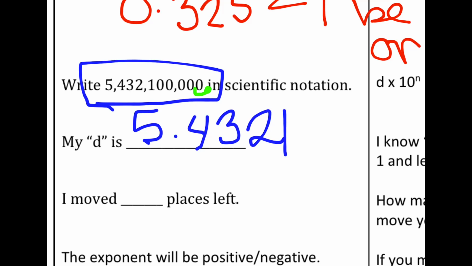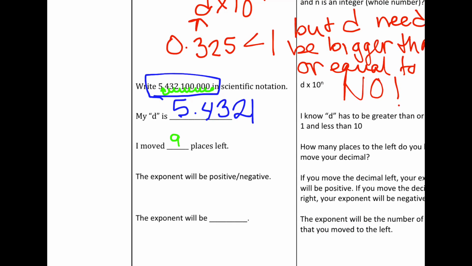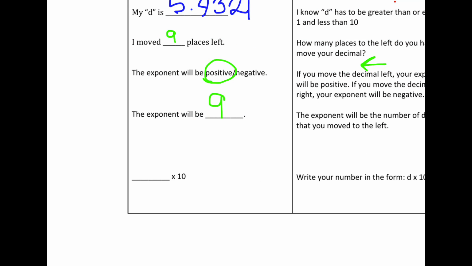I need to move it 1, 2, 3, 4, 5, 6, 7, 8, 9 times. That means my exponent will be 9. It is positive because I moved my decimal to the left. So my number in scientific notation is 5.4321 times 10 to the 9th power.